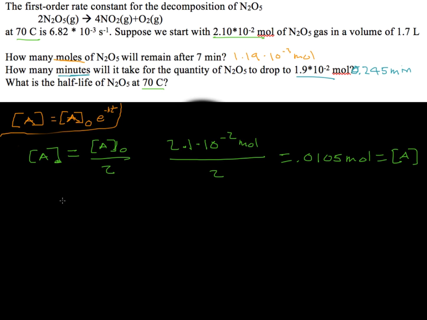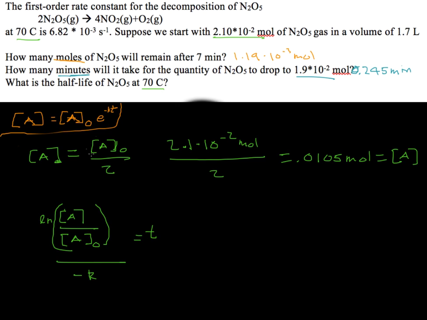Well, I'll write this out again in terms of t. So we'll have the natural log, the initial concentration divided by the final concentration, over negative rate constant equals t.